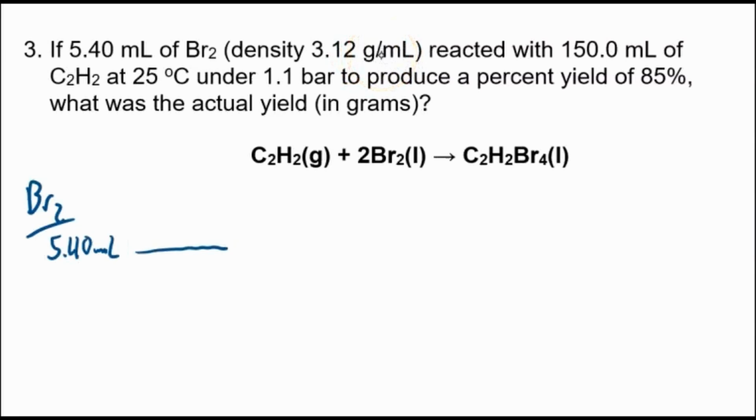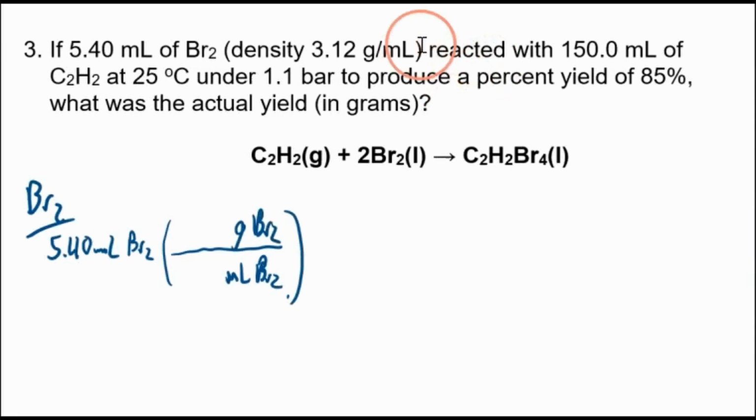And this is of bromine, Br2, and we want to cancel out milliliters of Br2. We want grams of Br2, and bromine weighs 3.12 grams for every 1 milliliter.